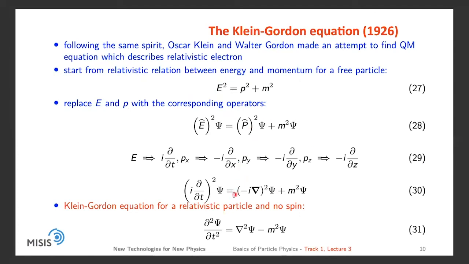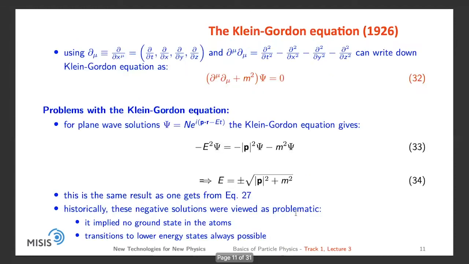So finally, they got the Klein-Gordon equation for a relativistic particle with no spin, which looks like this. Using the following notations for d mu and d mu product, we can write down the Klein-Gordon equation in the following way. This equation has some problems.